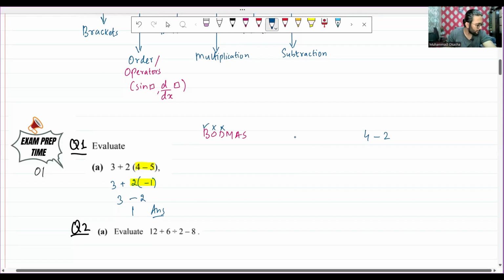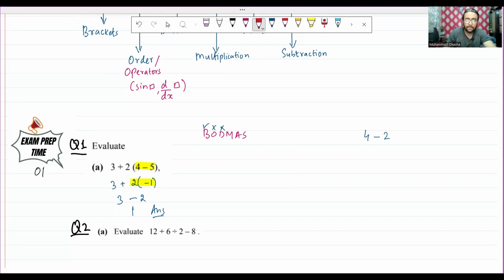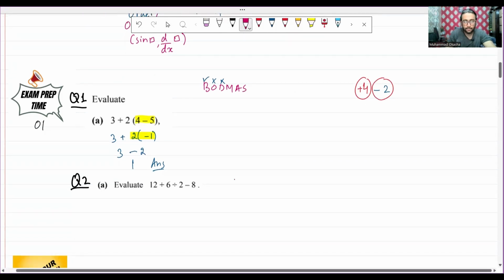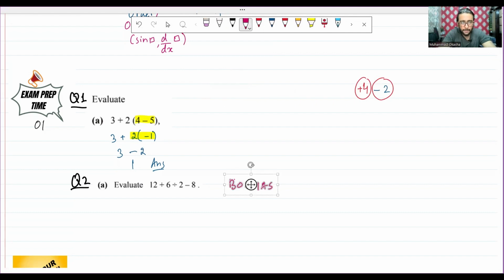If you think about it in terms of the signs, this 4 has a positive sign, and this 2 has a negative sign. So every number has its own sign, which is written before it. Now, if I apply the same BODMAS on this question, let's see how it goes.